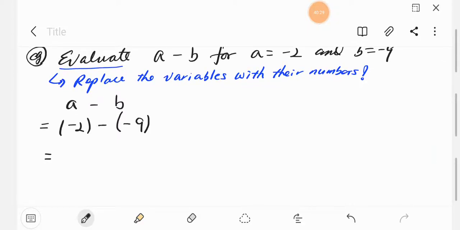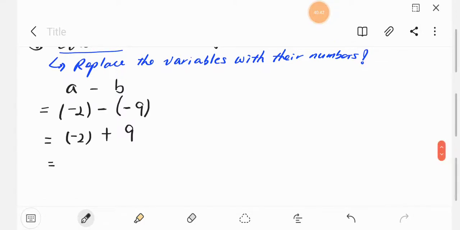Alright, since we have a minus sign, let's make it plus, right? So -2 plus, and this -9 becomes +9. Or you can do it this way: you change this one to plus, then the opposite of negative is positive, so the second number will be 9.